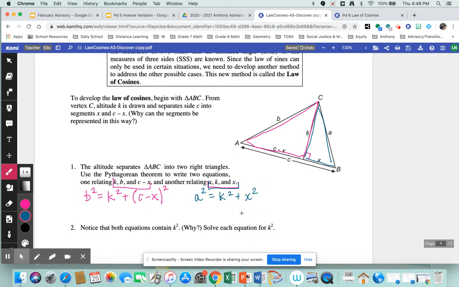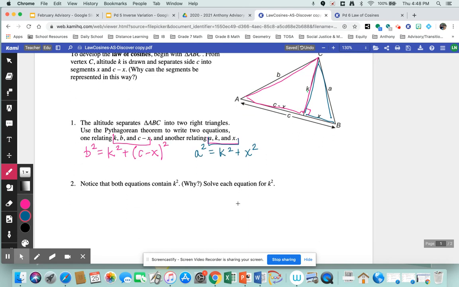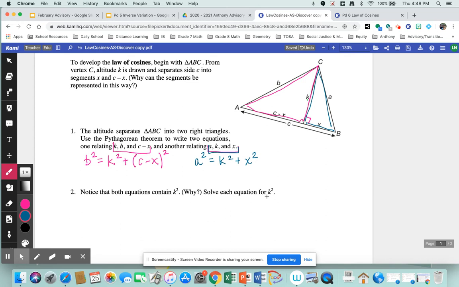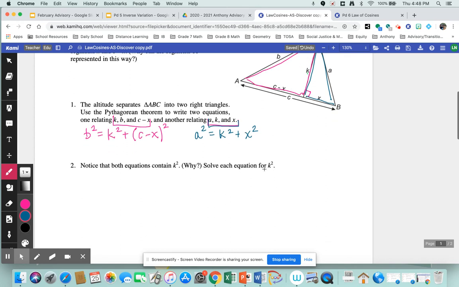Now, step 2 says, notice that both equations contain a K. They both contain a K because they have that shared leg right there, right? So we're going to solve each equation for K squared. With my first one, I just need to subtract that (C minus X) squared from each side.